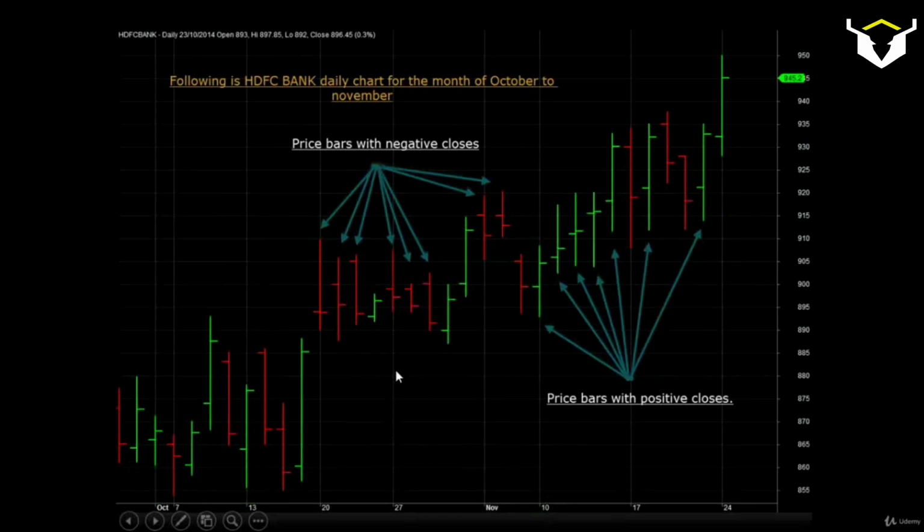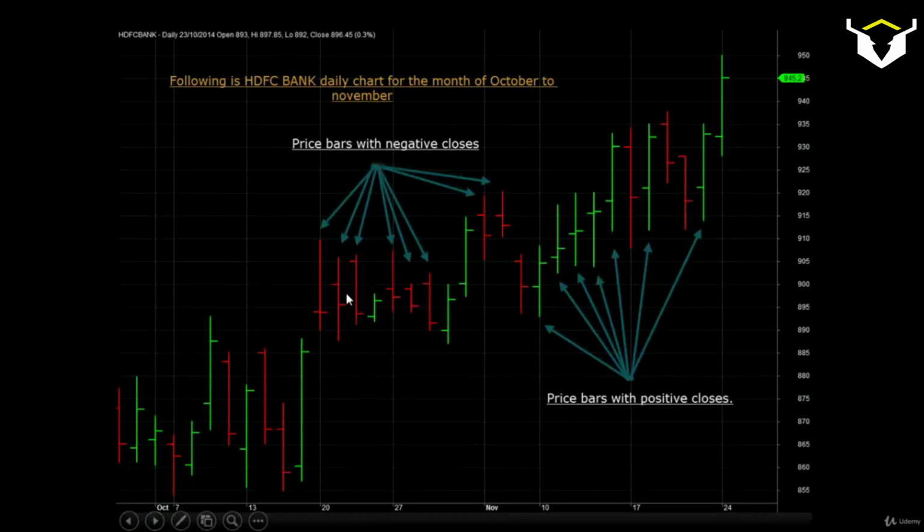Now, these gray colored lines divide the price bars into groups. Each group consists of one week. So this is one week, this is one week, and so on. So price bars are divided into weeks.